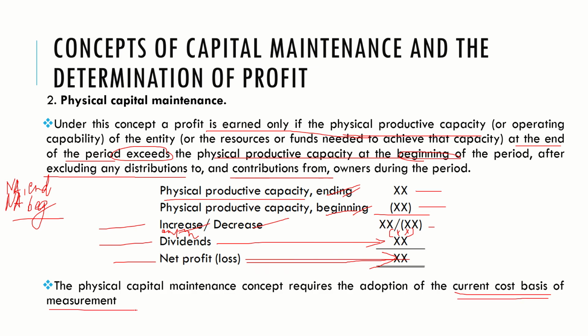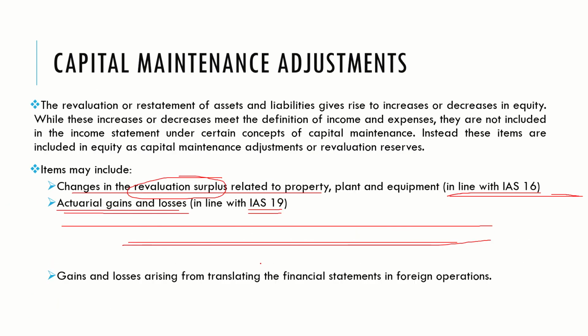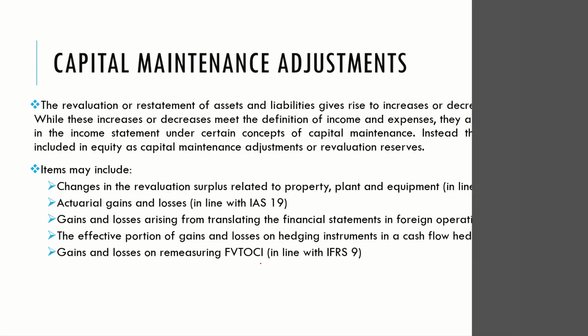And sa totoo lang, sa mga accounting standards natin na di-discuss, wala naman po talagang lahat na current cost lang ang basis. It may vary depending upon sa diniscuss natin kanina na mga measurement basis. Okay? So, I think we are done already. So I hope po na naintindihan ninyo yung ating discussion ng conceptual framework.